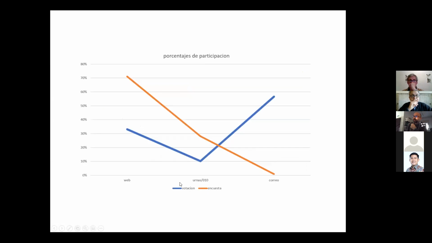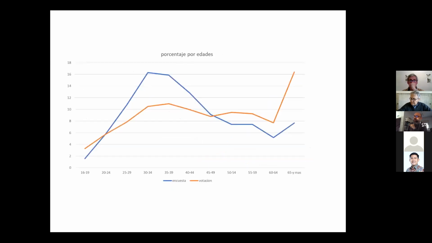But at the end, we found that in the voting, we have fewer votes on the web than by mail or in the polls.